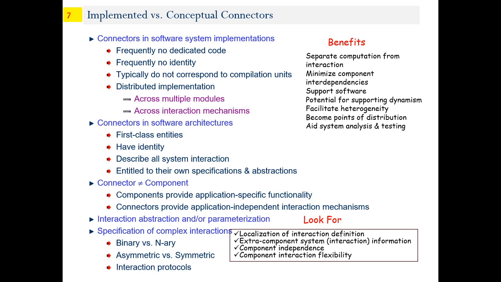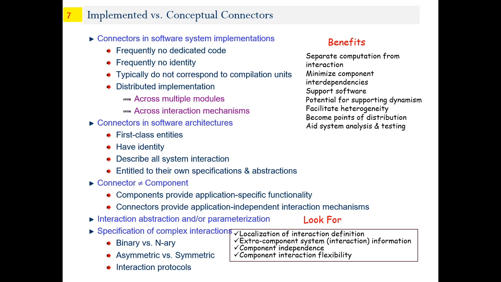Next is implemented versus conceptual connectors, right? So this is something to deal with again, how to avoid dedicated code without any identity. Then, working around, connector is not equal to component, they are different.